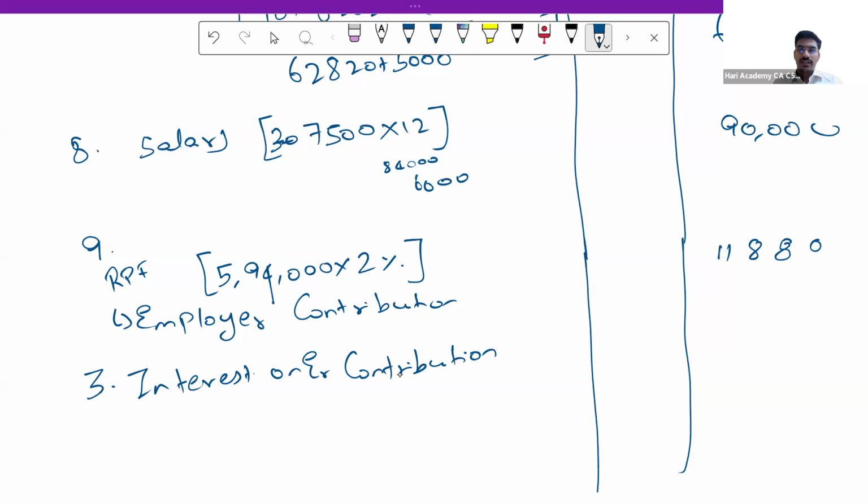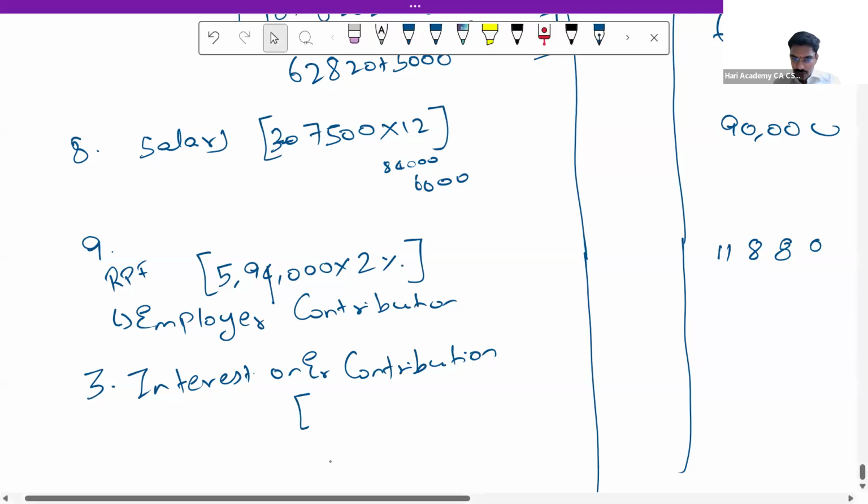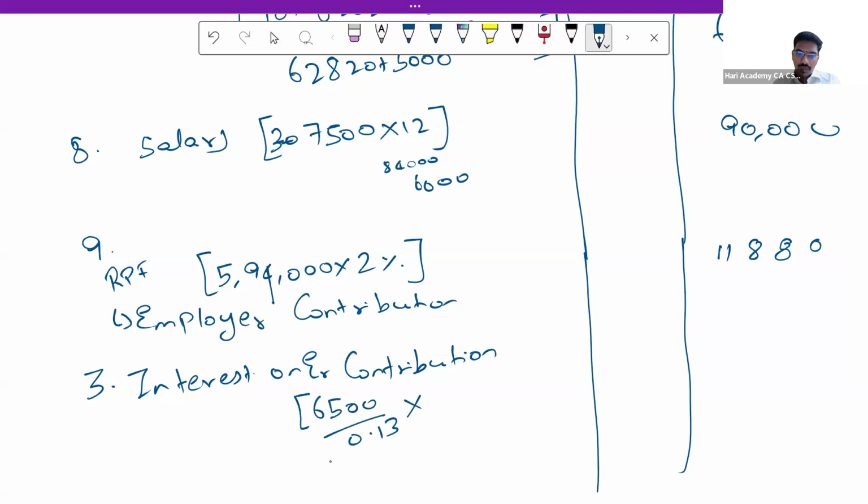So this excess over 9.5% we have to tax now. If this is 13%, we have to find out what is 3.5%. The entire credit which has come in the present case is 6,500, and that is for 13%. We have to find out what is the amount for the excess, 9.5, 10.5, 11.5, 12.5, 13.